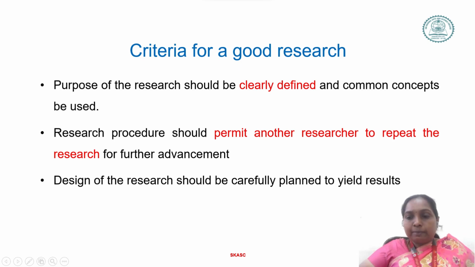For example, if the prices of petrol are high, what alternate solution can I find so that my two-wheeler or car keeps running, right? Such innovation and creativity is also a kind of research. Under the criteria of good research, we are trying to identify certain points.